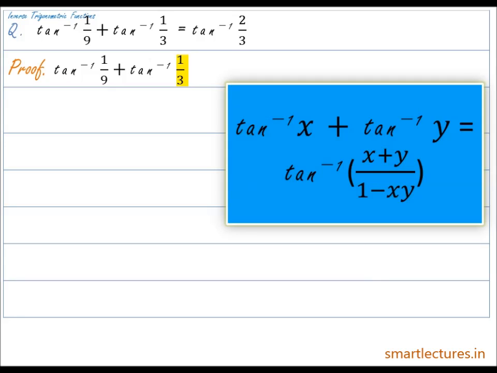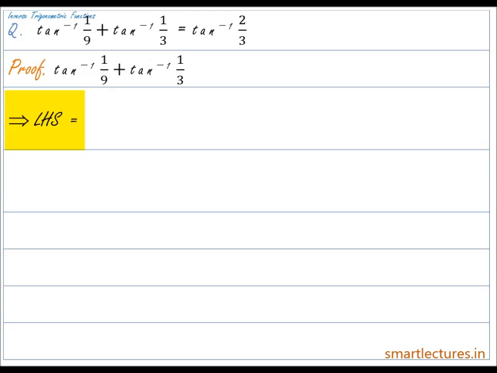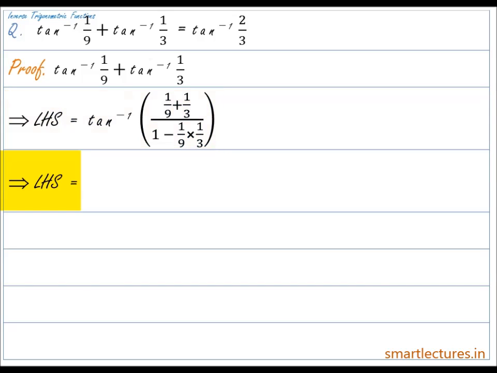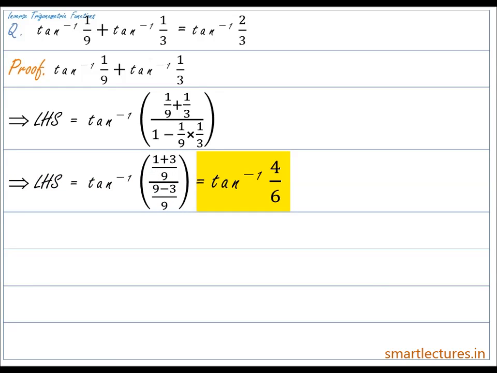So now the left hand side becomes tan inverse of (1/9 plus 1/3) divided by (1 minus 1/9 into 1/3), and which is equal to tan inverse of ((1 plus 3)/9) divided by ((9 minus 3)/9), and that becomes tan inverse 4/6, and that finally becomes tan inverse 2/3, and which is equal to the right hand side.